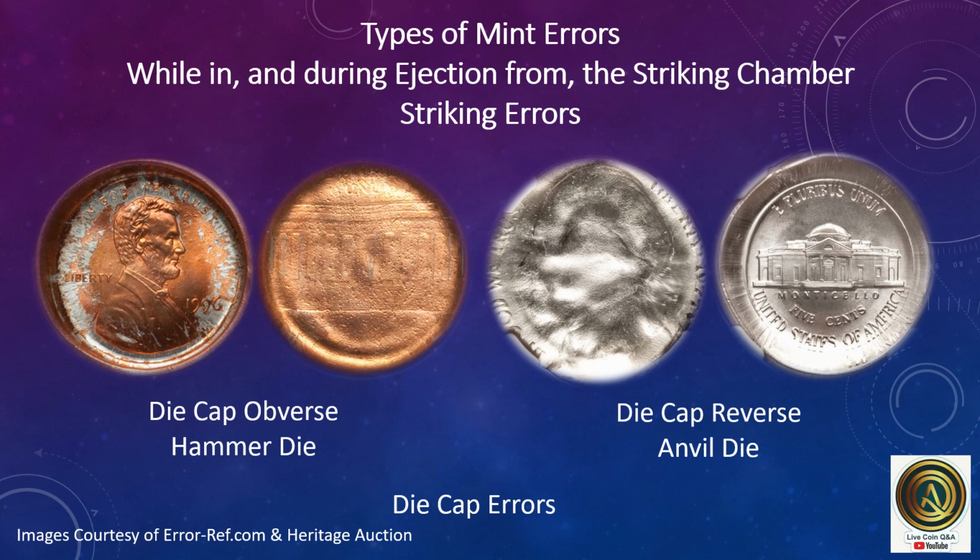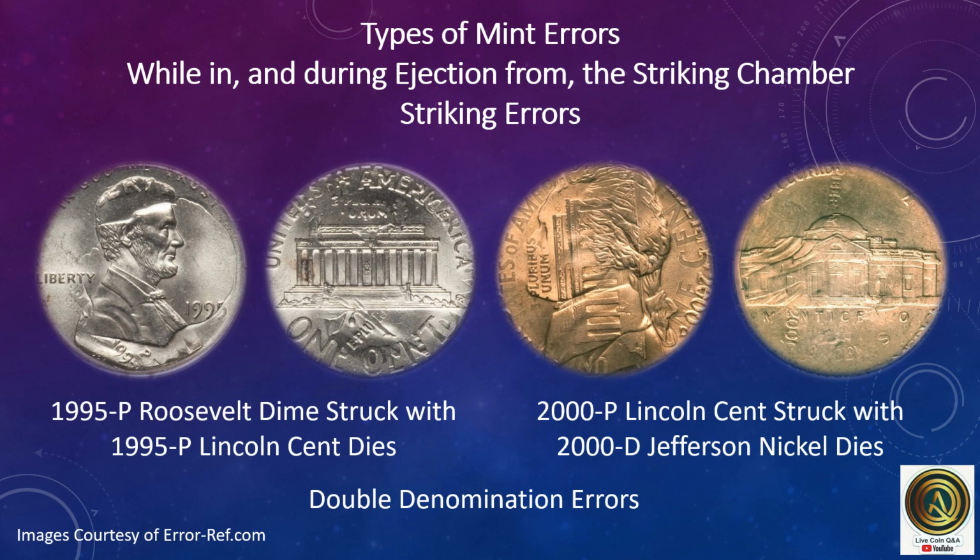Here are examples of die cap errors. On the left is die cap obverse, which is the hammer die. On the right is the reverse, which is the anvil die. Here are examples of double denomination errors.